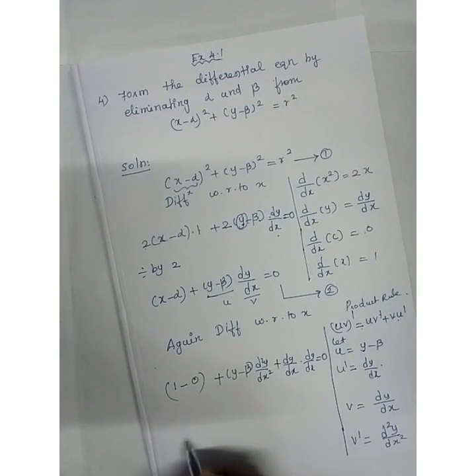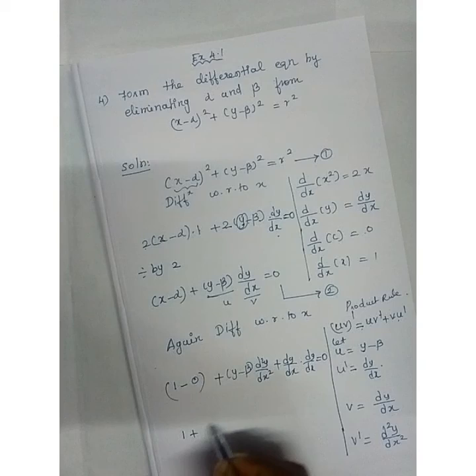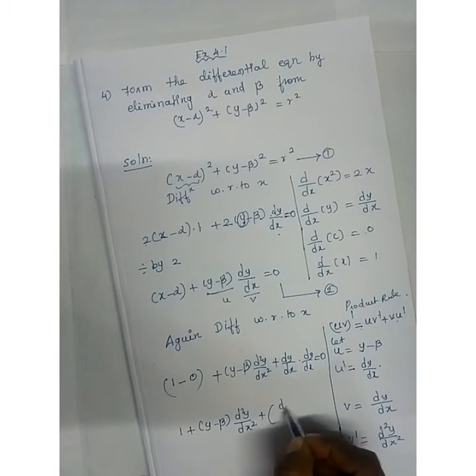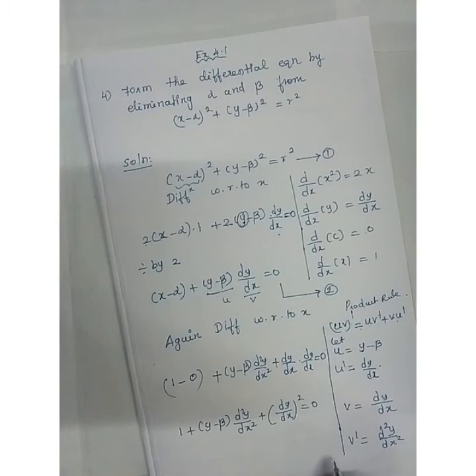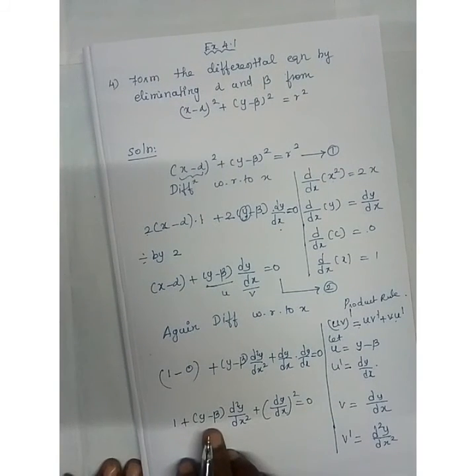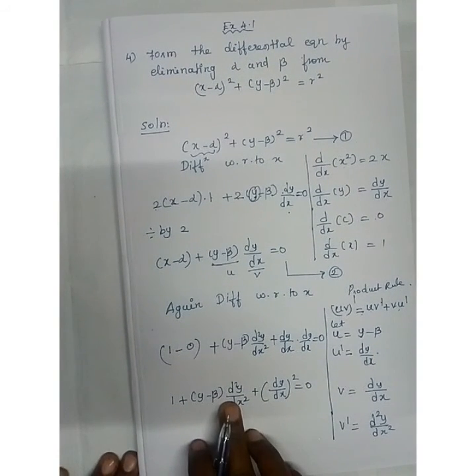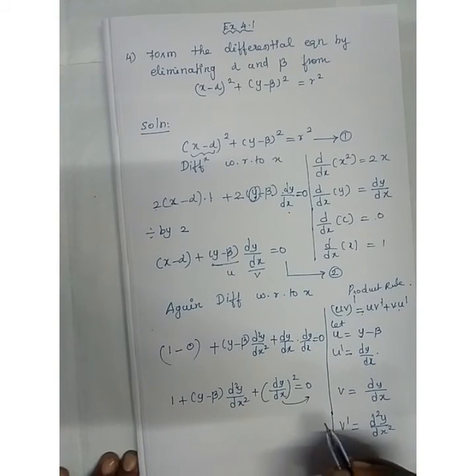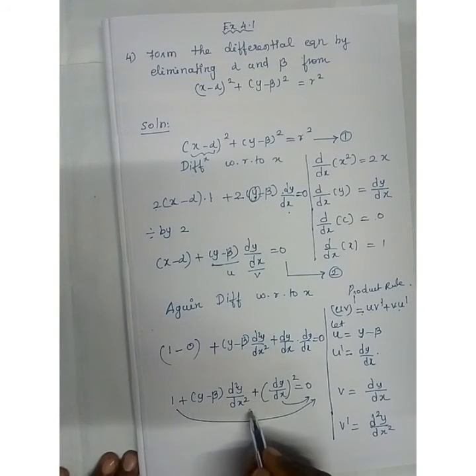Now I am going to simplify the above term. 1 plus (y minus beta) into d²y by dx² plus (dy by dx) whole square is equal to 0. From this I am going to find what is y minus beta. First I have to bring this term to the right side and this also to the right side. What is the remaining term on the left side?